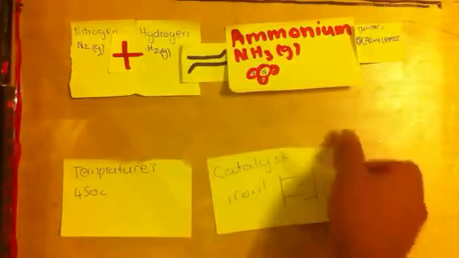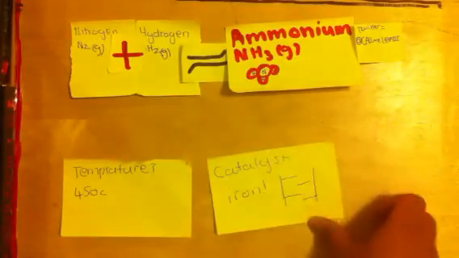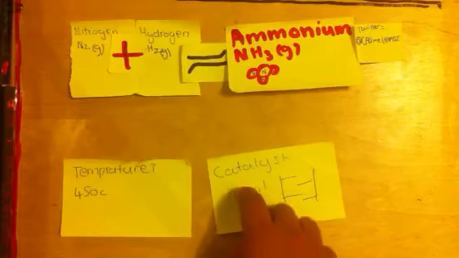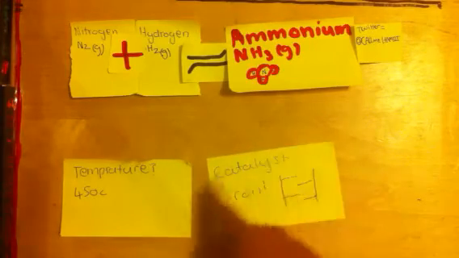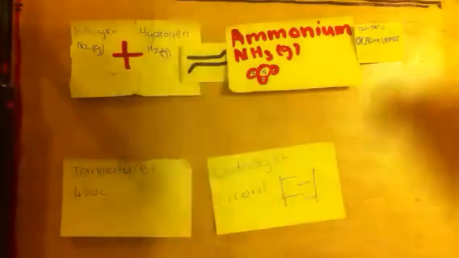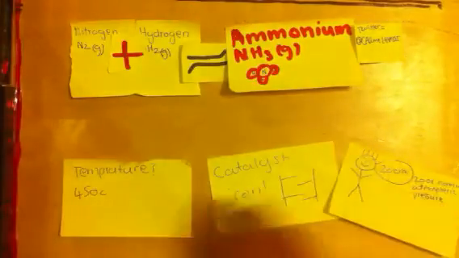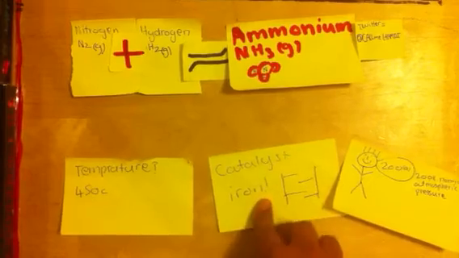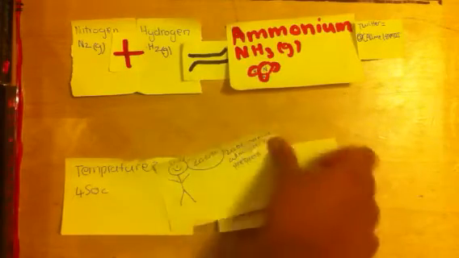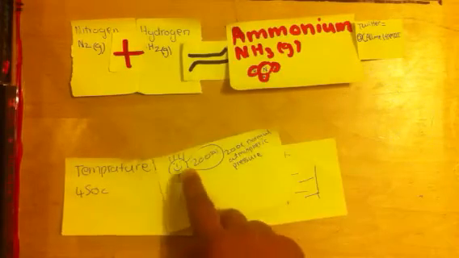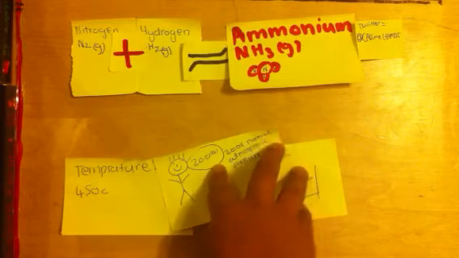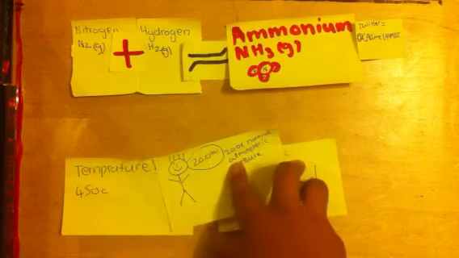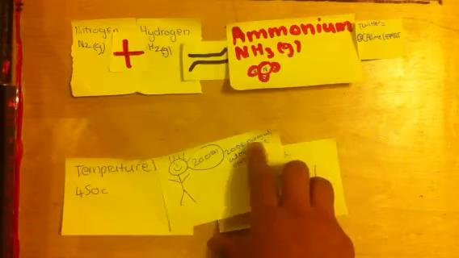Is there a catalyst, like an iron catalyst, which is the one that we use? And also, what is the pressure? The temperature that we use is 450 degrees. The catalyst that we use is an iron catalyst, and that is out of frame. The pressure that we use is 200 atmospheres, which basically means it's 200 times normal atmospheric pressure.